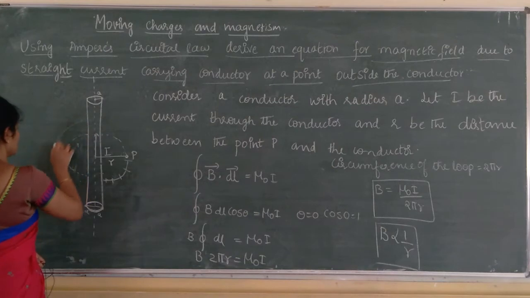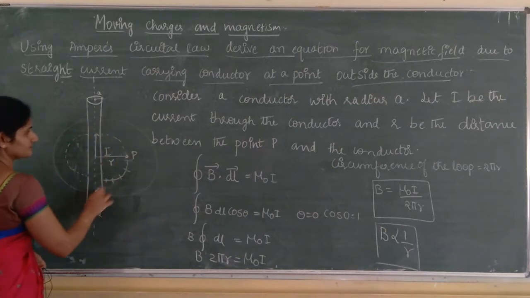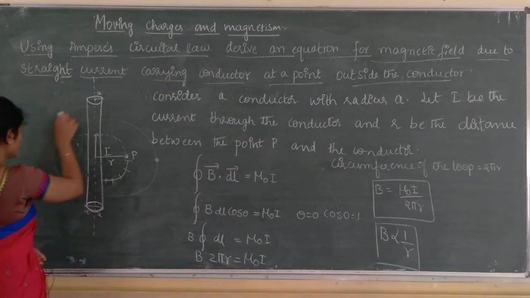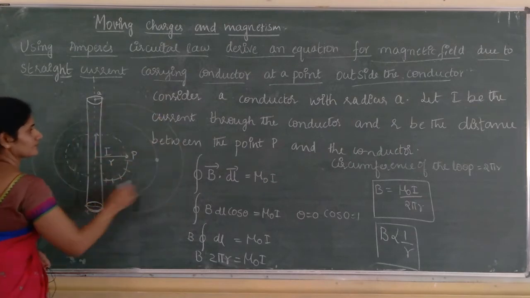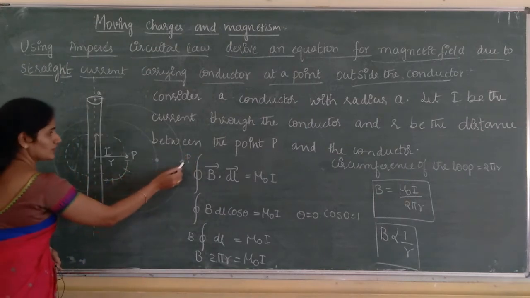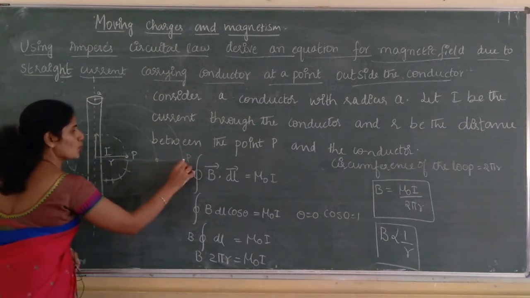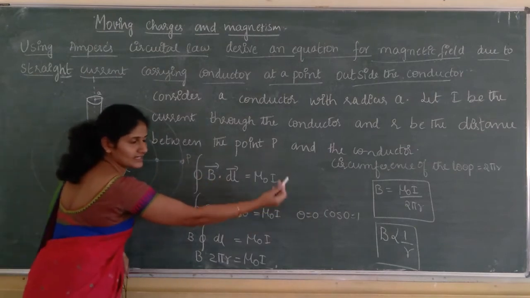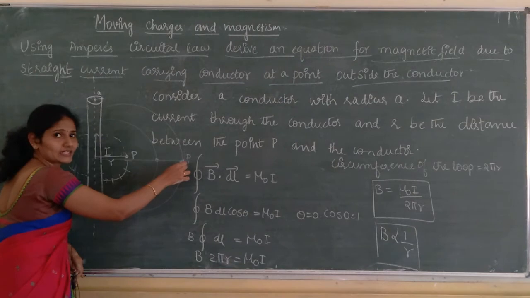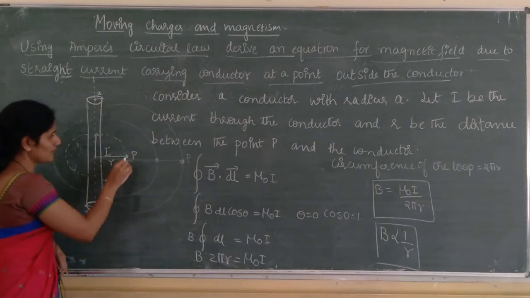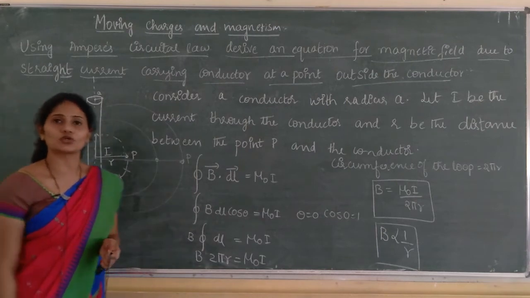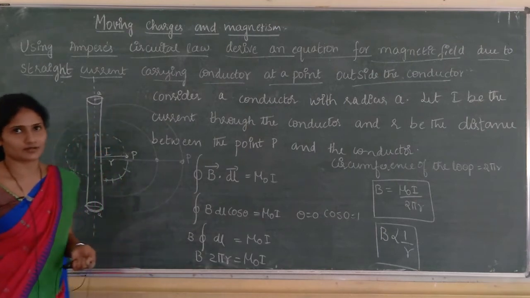If the point is somewhere here, or if the point is here, then for this point r is more. As r increases, the magnetic field decreases. So, at this point the strength of the magnetic field is less compared to this point. So, the magnetic field is inversely proportional to the radius r.